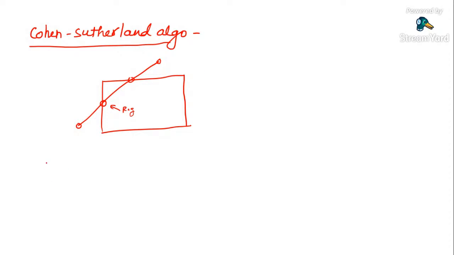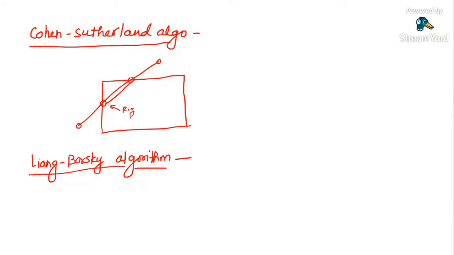To remove this disadvantage, we have another algorithm, the Liang Barsky algorithm. If you apply the steps of this algorithm, you will get the final answer, which means you will get the clipped part of the line in one step.